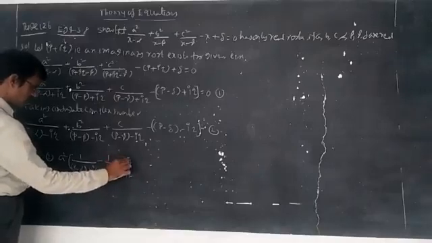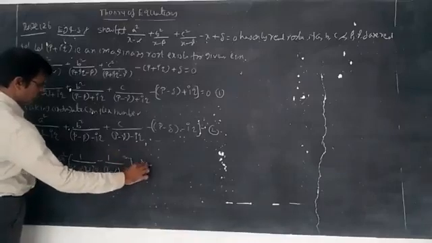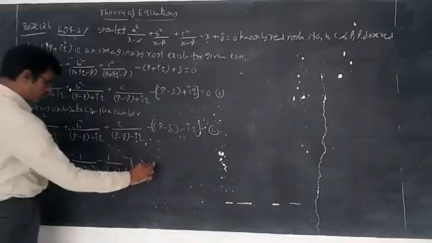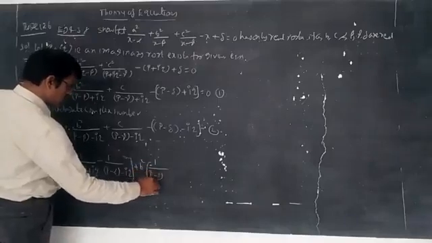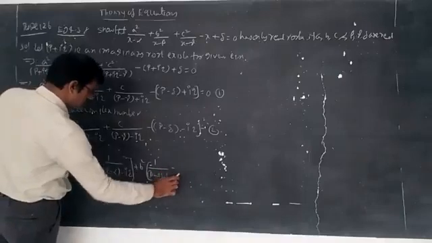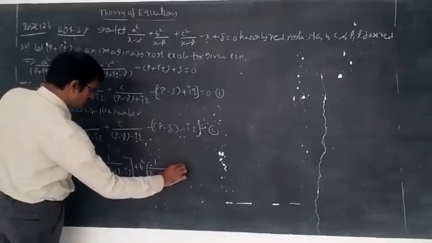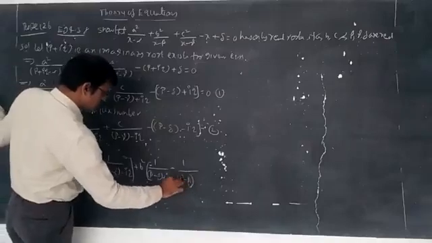In the similar way, put a bracket, b square: 1 by p minus beta plus iq minus 1 by p minus beta minus iq.